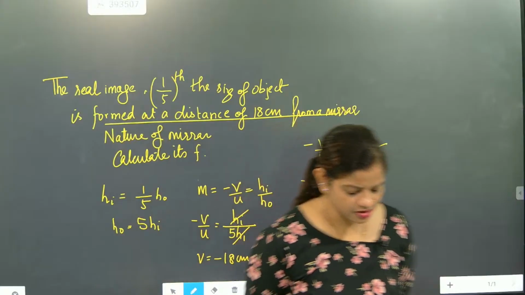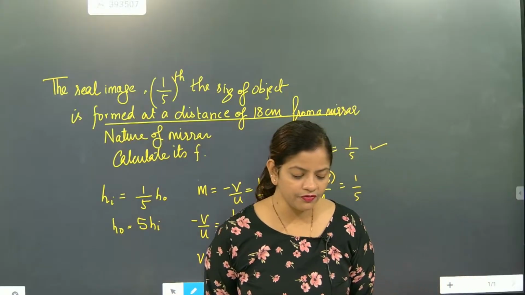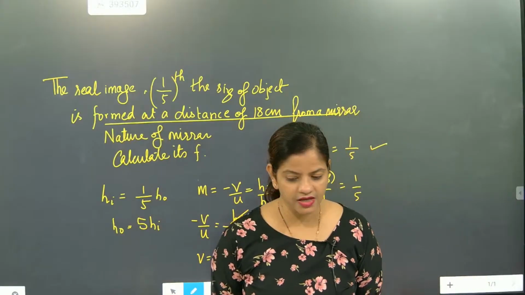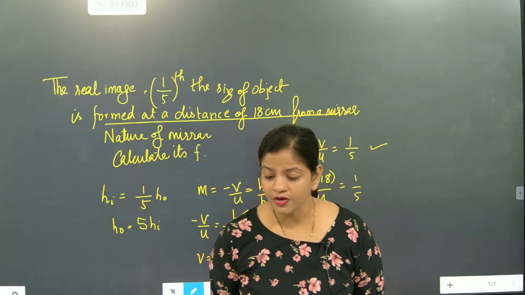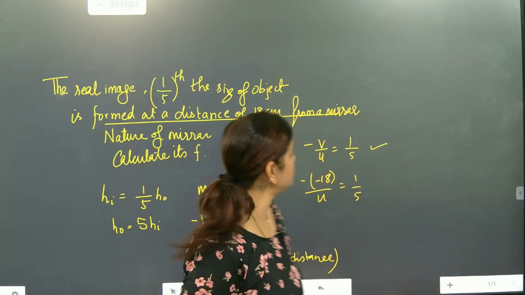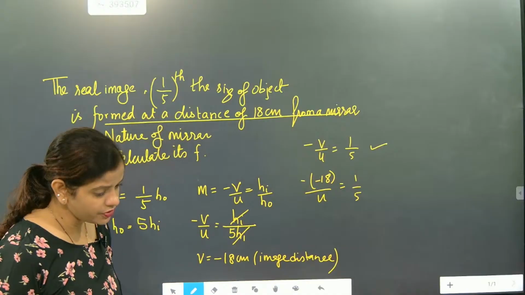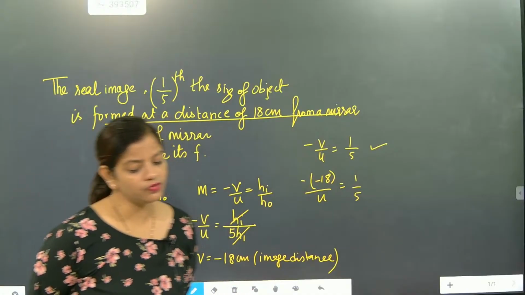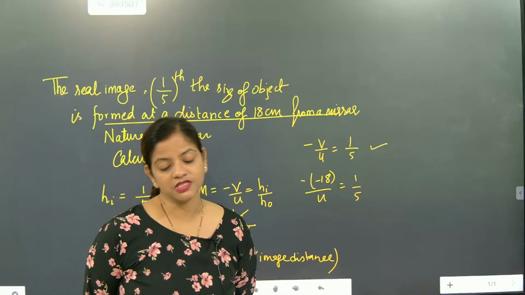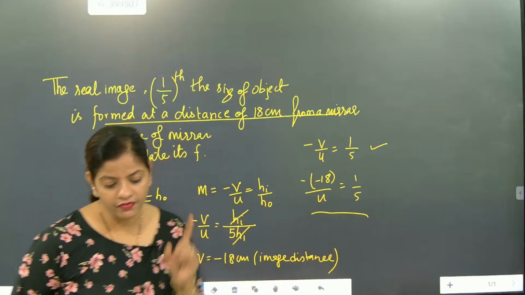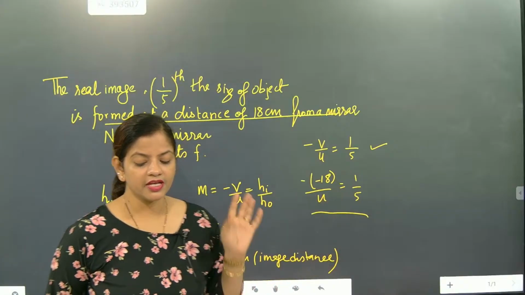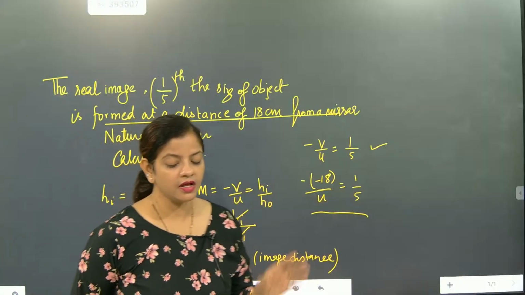Carefully say the answer. See, height of image by height of object, v is exactly coming as minus 18. Understood? So once v comes as minus 18, u will be exactly coming as what? First focus on u. If you do not do that, 100% you will make a mistake. Here everybody makes a mistake in this section, because beta, u should come negative. Wherever you are solving, u is coming as minus 90 centimeter. Very good.